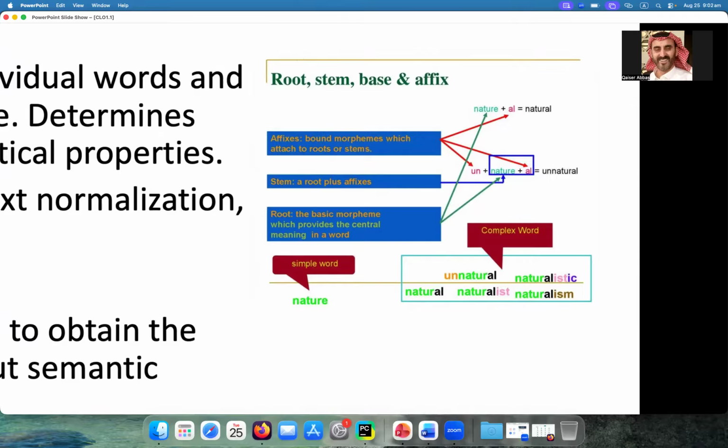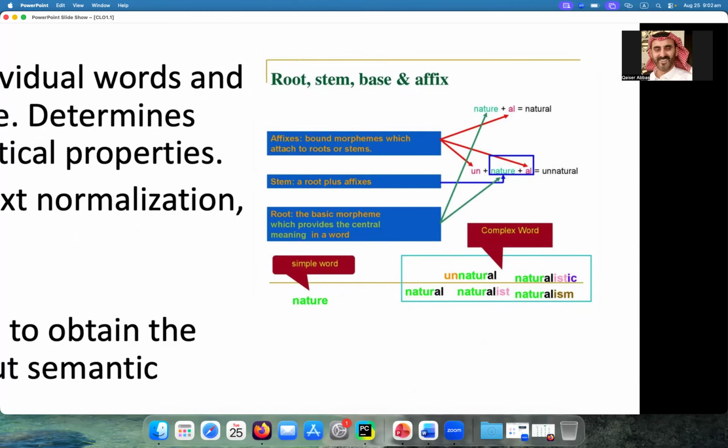So you have a root, and if something is attached after or before it, you can call it an affix as a common concept. If you want to separate them, something after the root is a suffix, and something before the root is a prefix. But if somebody says there is an affix in this word, he is saying the truth.